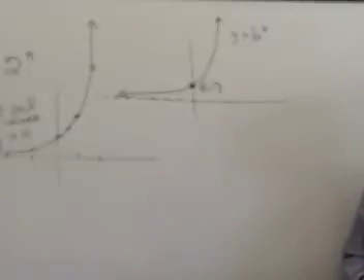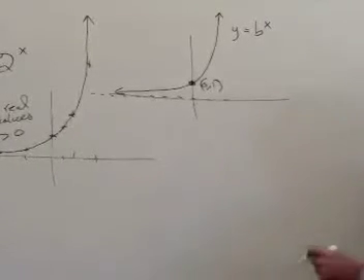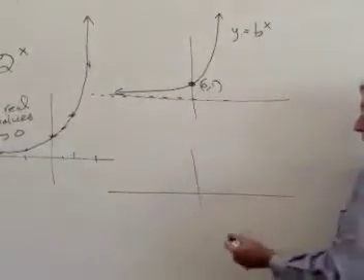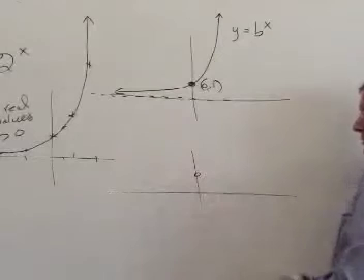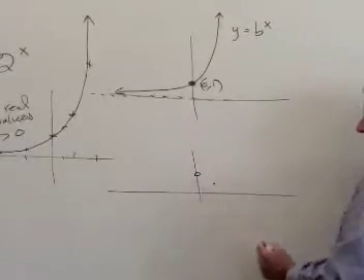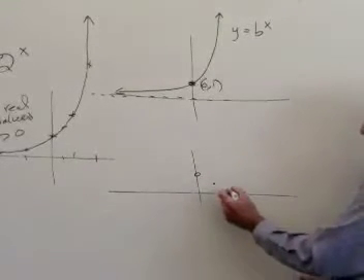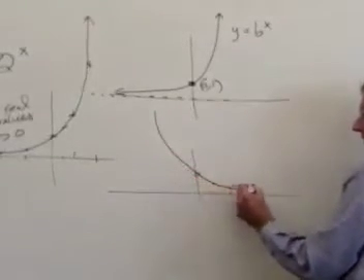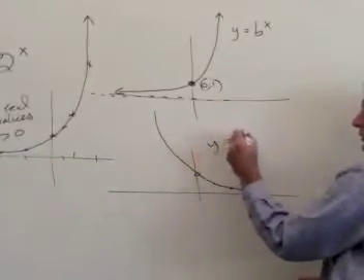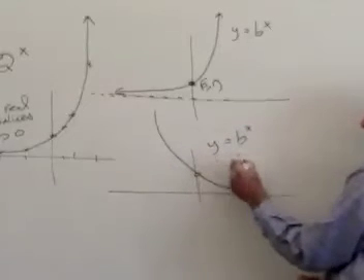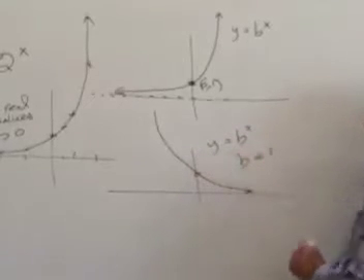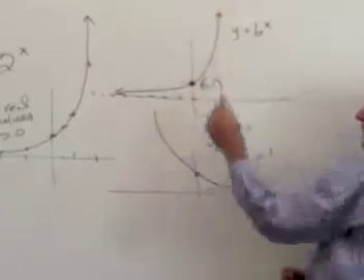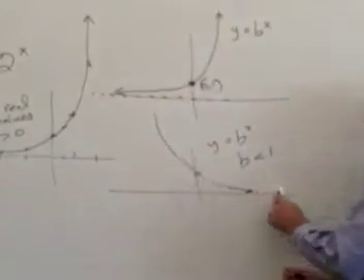What about the number 1/2 to the x? What about that graph? Plugging in 1/2 to the 0, 1/2 to the 1, 1/2 squared, that would be 1/4. We quickly realize that this is the graph of y equals b to the x when b is a number that's less than 1. These soon became known as exponential growth, or what they call exponential decay.